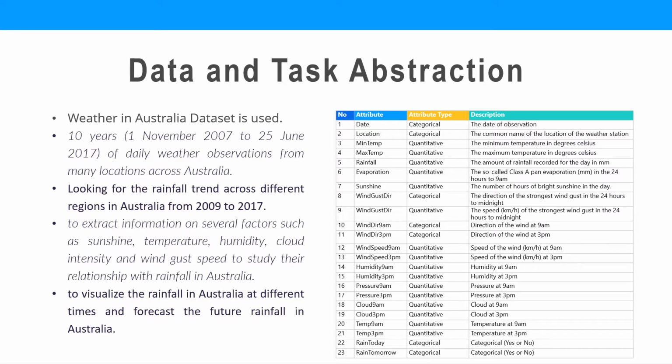The dataset we use in this project is the Weather in Australia dataset, which contains about 10 years of daily weather observation from many locations across Australia. Based on the dataset, we would be looking for the rainfall trend across different regions in Australia from 2009 to 2017.